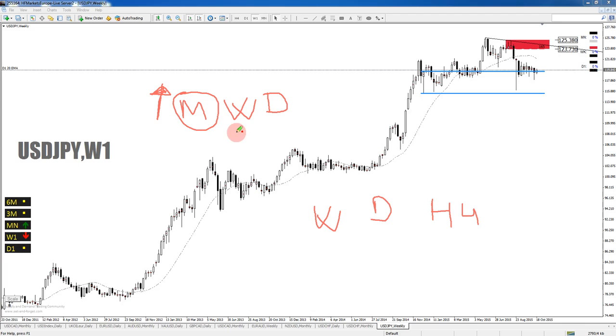Make sense? If we go down to the next time frame in the sequence, in this case weekly, it could be daily if we are using weekly and daily for our combination, or any other combination, and the time frame one lower than the one giving us the overall trend is broken, the trend is no longer up, what do the rules say?